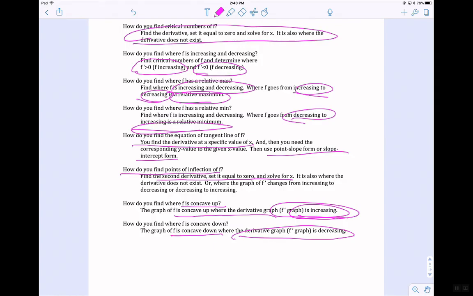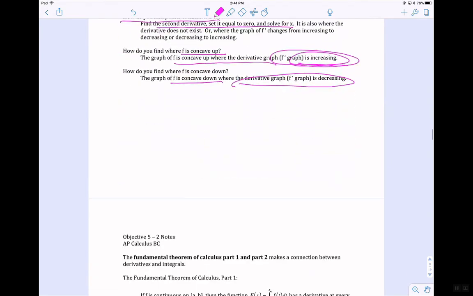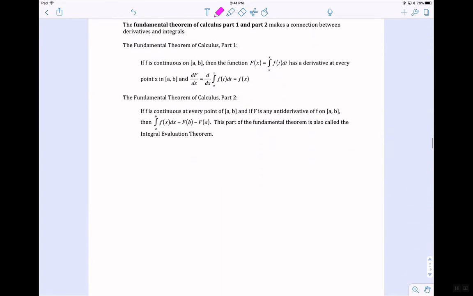You do need to remember, you probably will need the fundamental theorem of calculus part 1 at some point. And then you have to remember that there is a fundamental theorem of calculus part 2, which we haven't talked about yet. Part 1 was taking the derivative of the antiderivative.